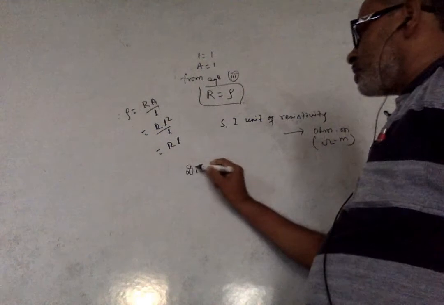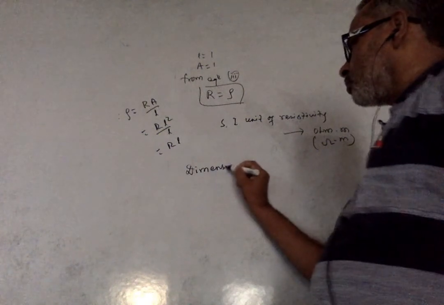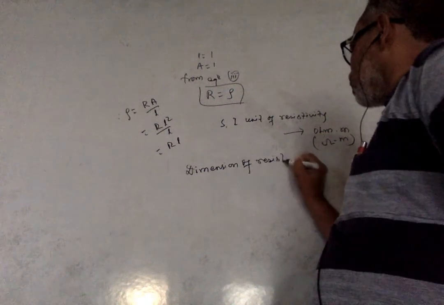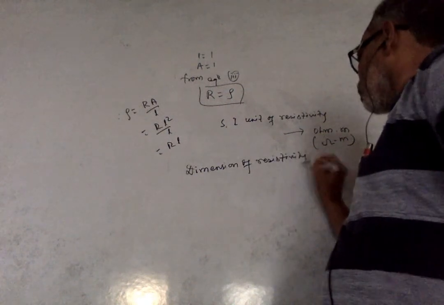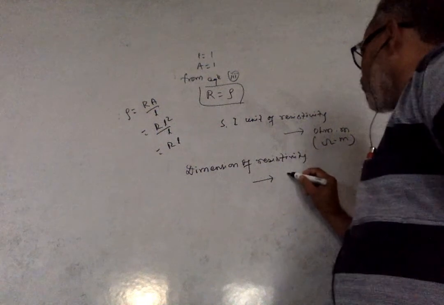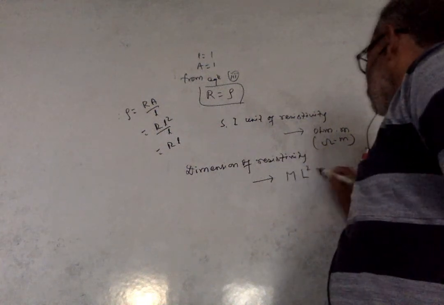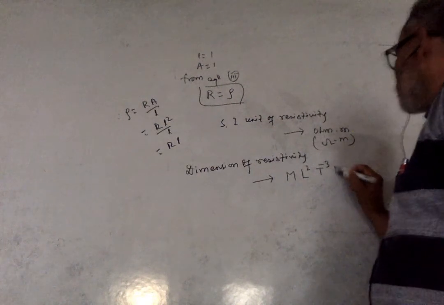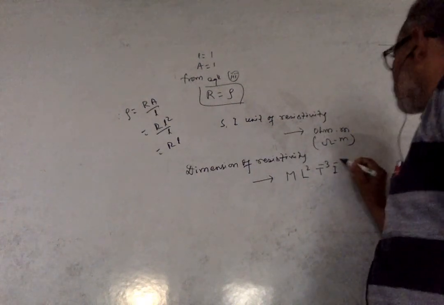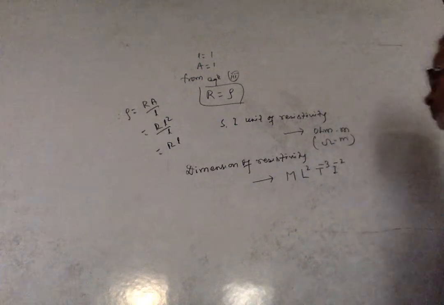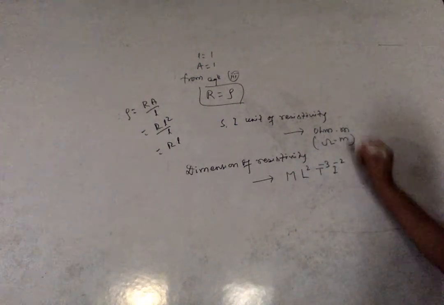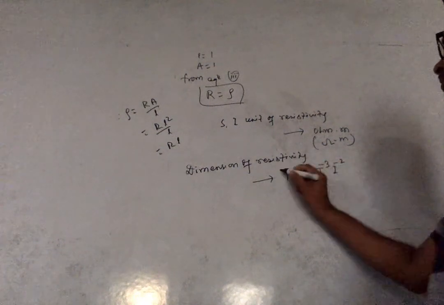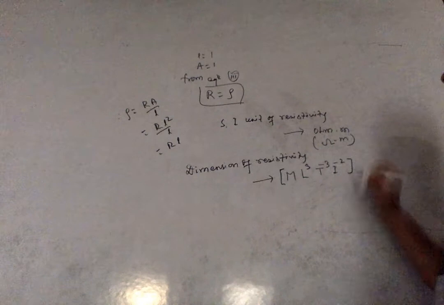Dimension of resistivity: dimension of R is M L2 T minus 3 I minus 2, into L, which gives M L3 T minus 3 I minus 2.